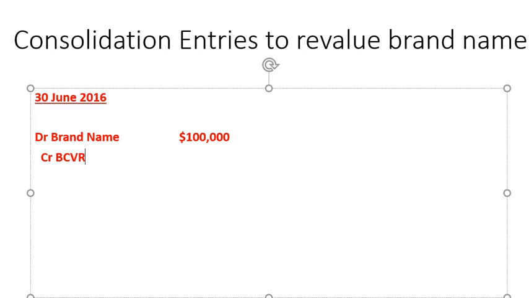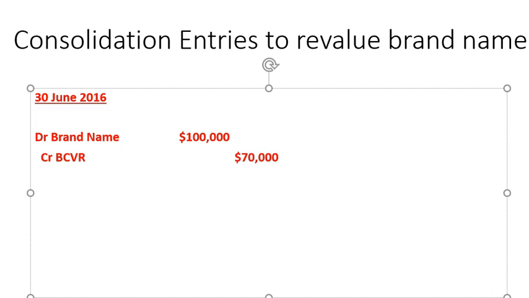We'll credit BCVR by $70,000 because if we were to sell this brand name, it would be a gain of $100,000 and we'd be taxed on that gain. The owners of the company would only be entitled to $70,000 profit after tax.